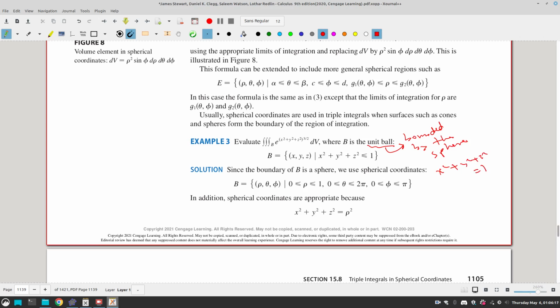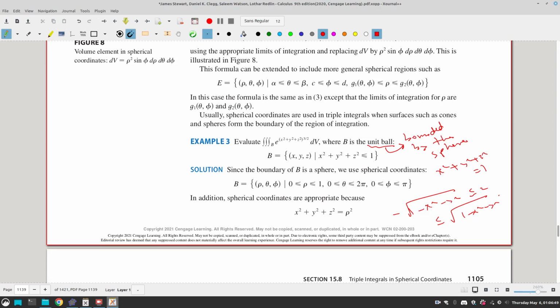Now, obviously, converting this to a type 3 region and using the fact that z is going to lie between minus square root of 1 minus x square minus y square and plus square root of 1 minus x square minus y square, this is going to be very unwieldy and very problematic.